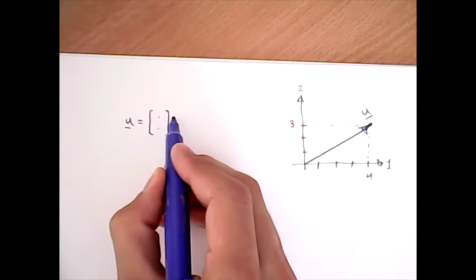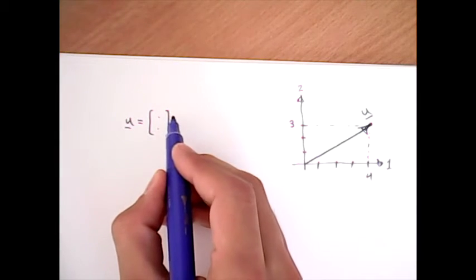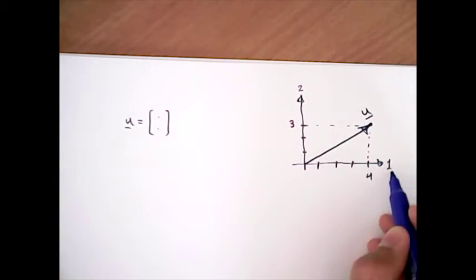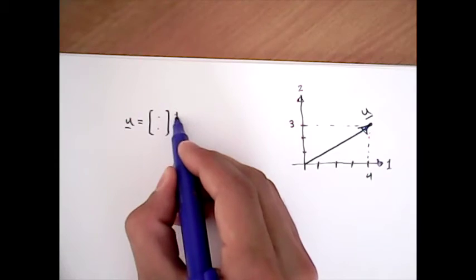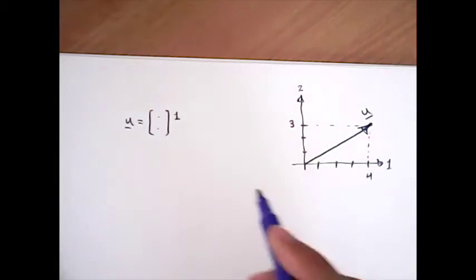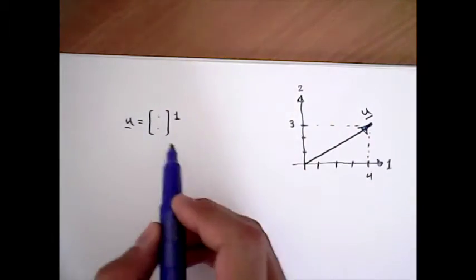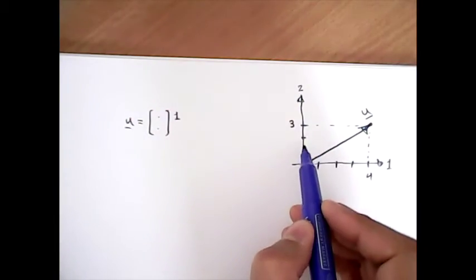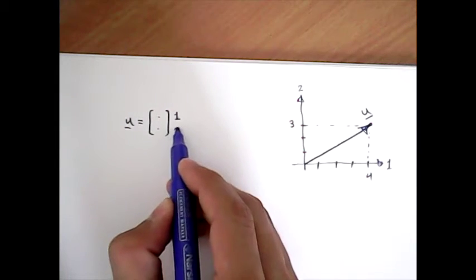And one of them is the component along axis number 1. And the second one is the component of U along axis number 2. Okay.